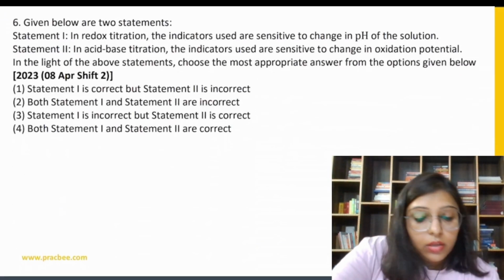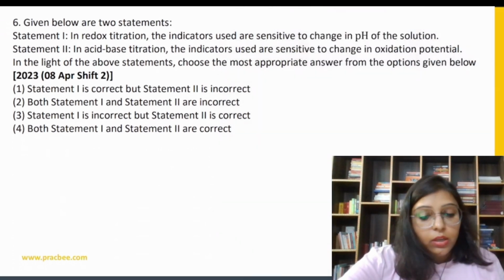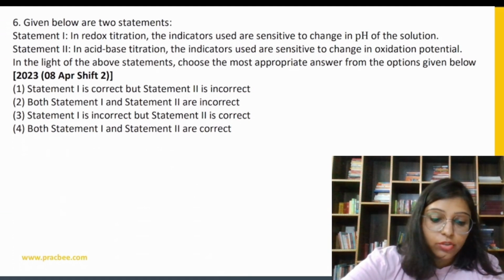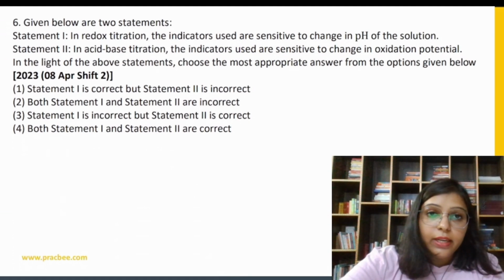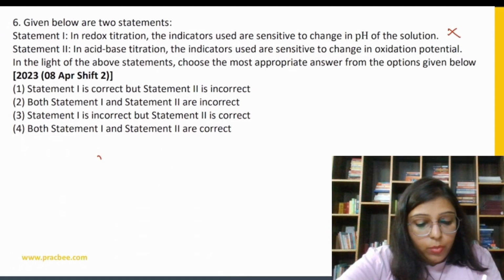Okay. This is a theoretical question. Given below are two statements. Statement 1: in redox titration, the indicators used are sensitive to change in pH of the solution. No, it is incorrect. So statement 1 is incorrect.